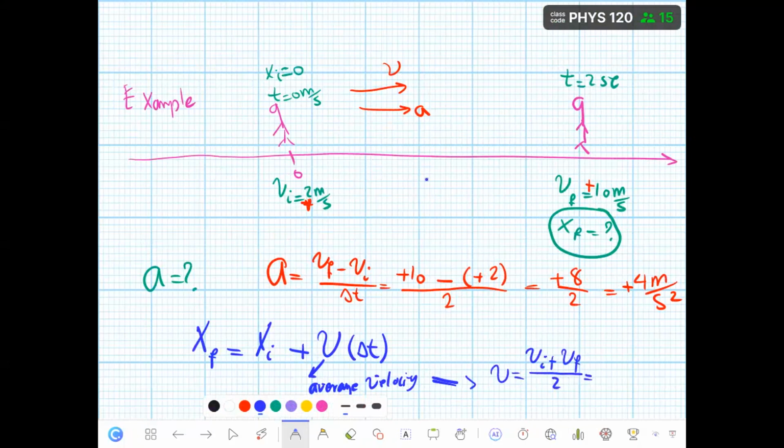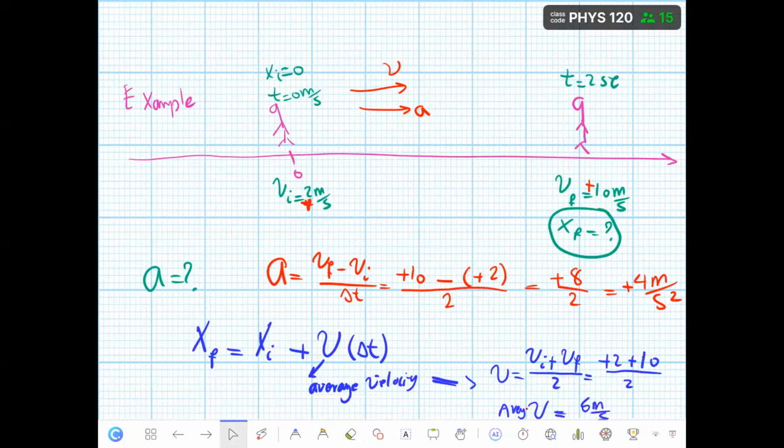What is the Vi, with the sign? The initial velocity is positive 2, plus the final velocity, positive 10, divided by 2. The average velocity is going to be 6 meters per second.